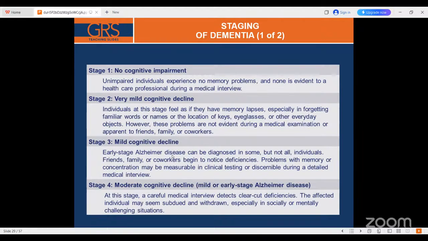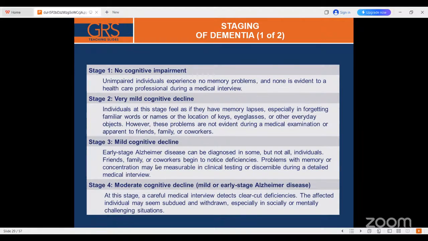It is usually subtle, and no one recognizes it; sometimes people think it is just normal aging. So good history, examination, and baseline established is important to pick up patients with mild cognitive decline.